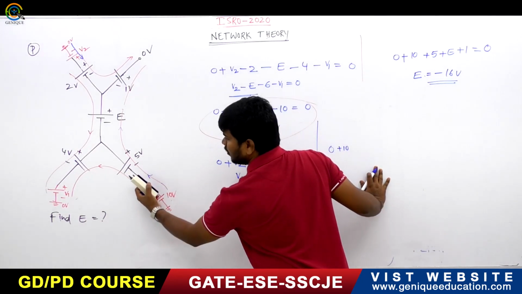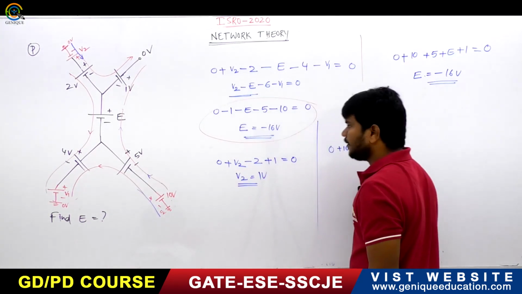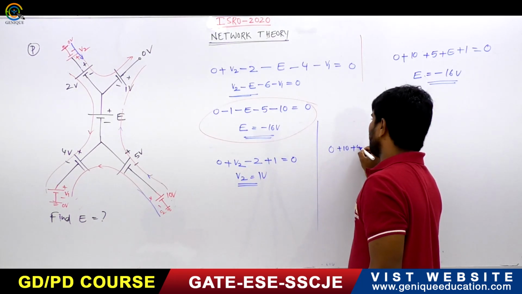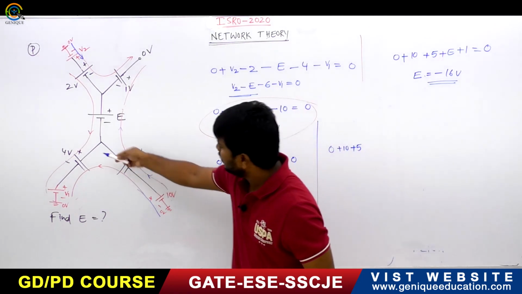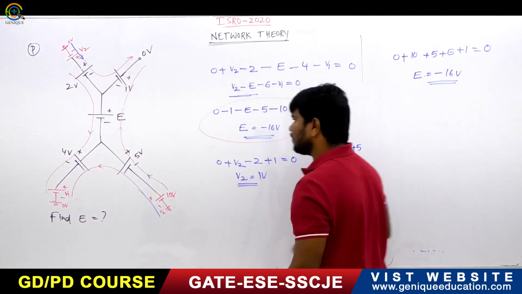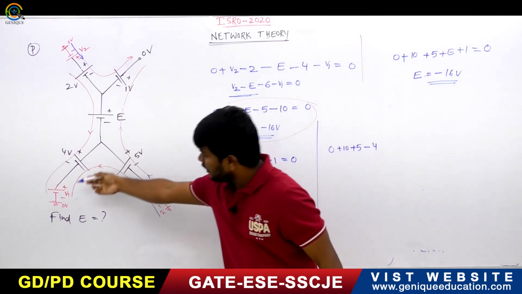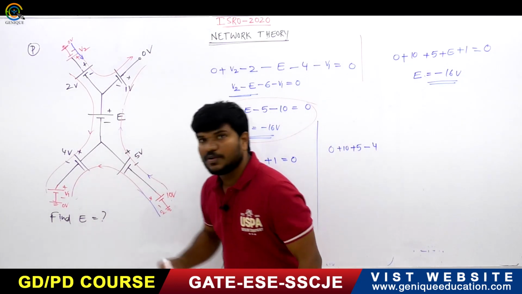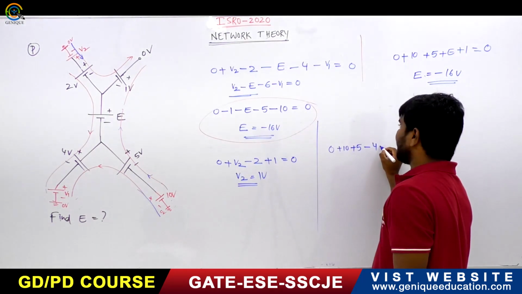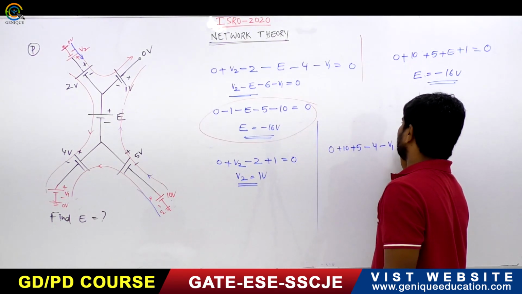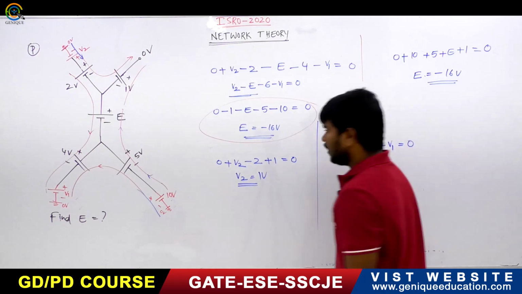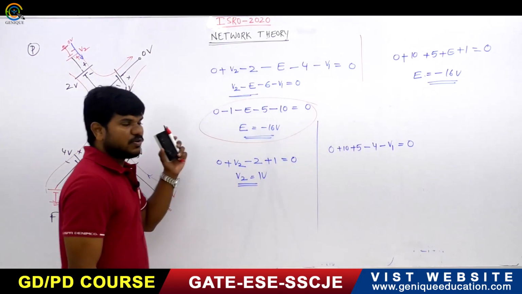Again the negative terminal is meeting, so you take 5 volts. Next, the positive terminal of the battery is meeting, so you take minus 4 volts. Here the positive terminal of V1 is meeting, so you take minus V1 is equal to 0.